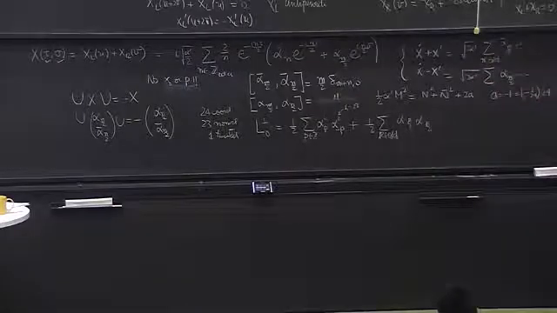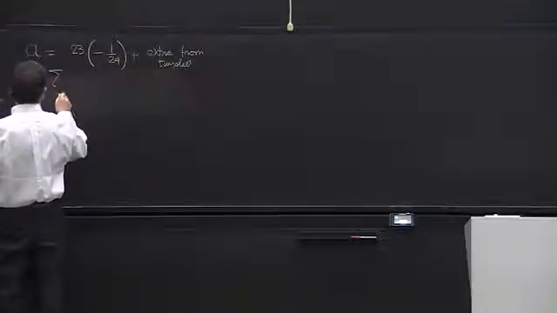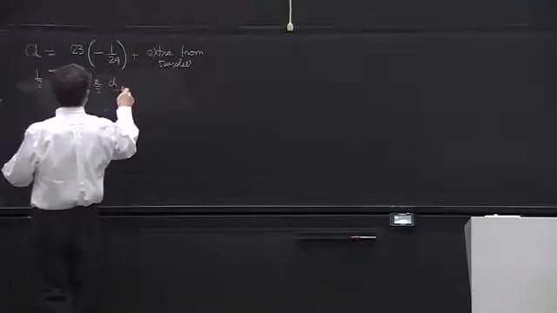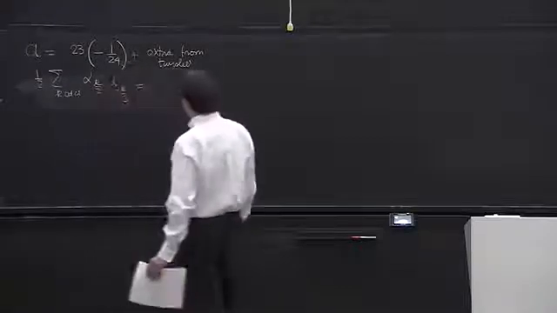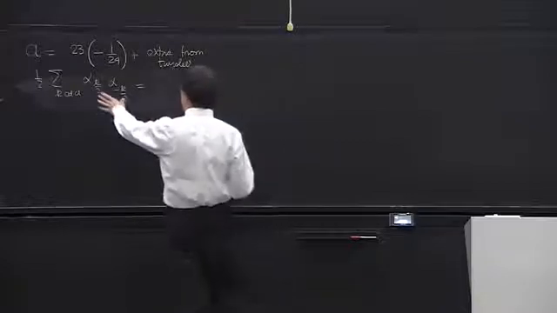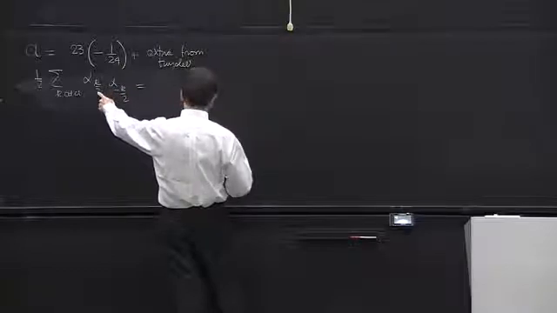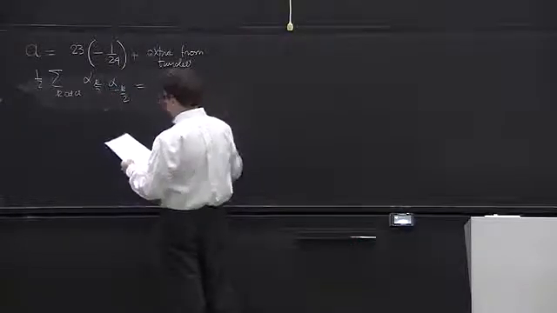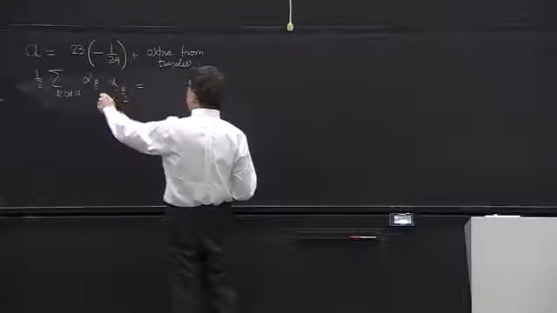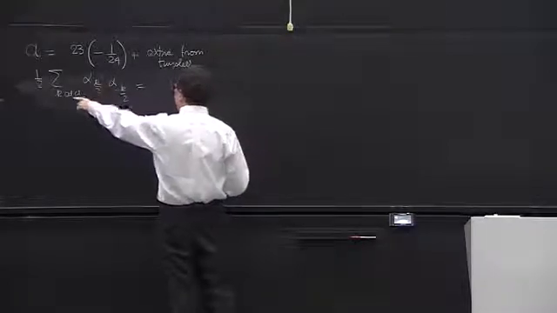So let's look at that term. That term is 1/2 sum over k odd, α_{k/2}, α_{-k/2}. Now we can sum over the positive odds. The positive odds, these ones would be creation operators, this would be annihilation operator, so those are going to be the ones that we have to rearrange. And then we have the negative odds.